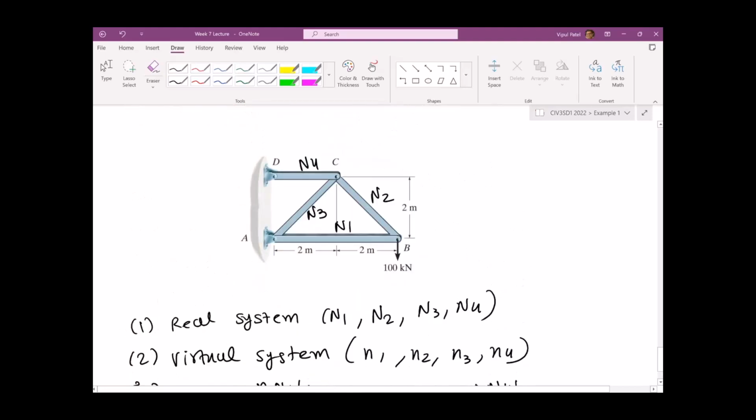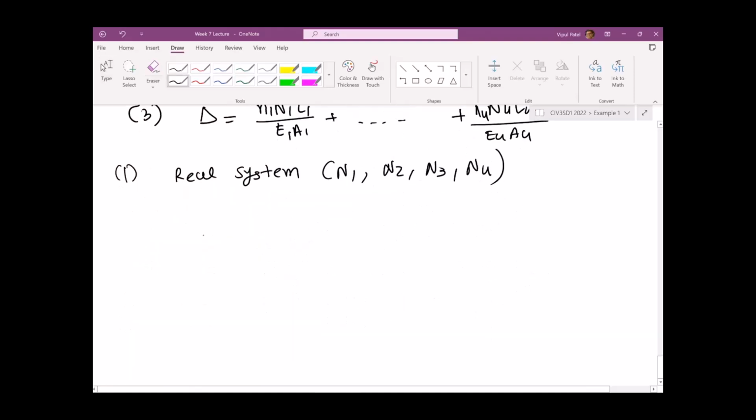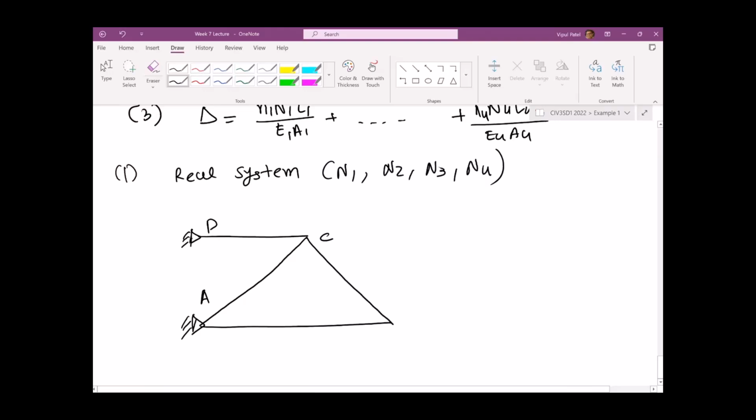In the real system, we have a pin and rollers. This is the real system. Let's say this is point D, this is point A, this is point C, this is point B, and the load is applied at point B, 100 kilonewtons.